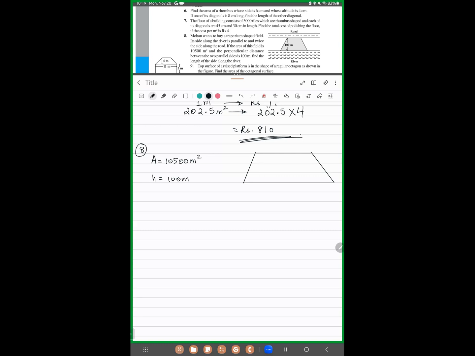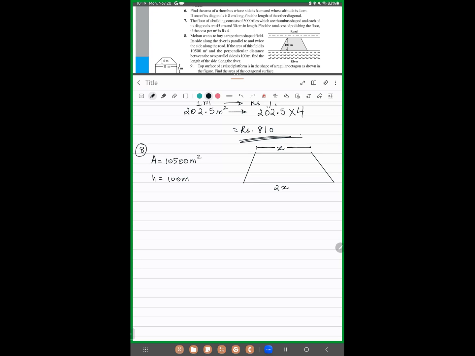So they are telling you that the side which is along the river is twice the side along the road. So if this one is x, then this one is going to be 2x. As simple as that.